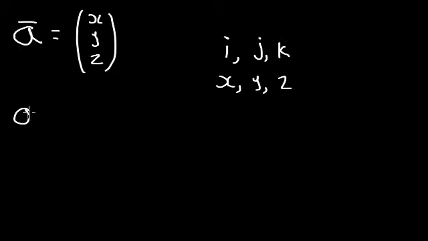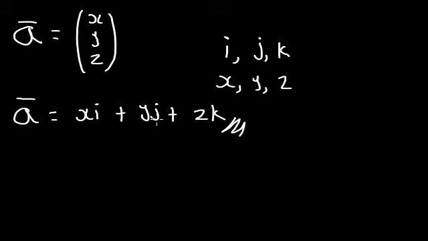So therefore, vector A can also become xi plus yj, then plus zk. So in either case, we are still referring to the same thing. So keep that in mind.